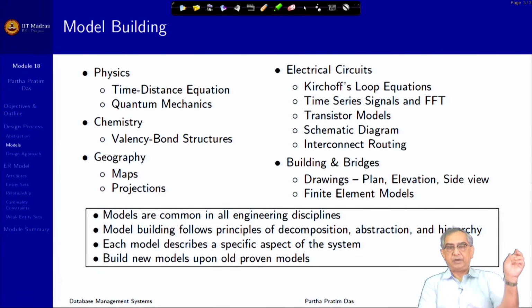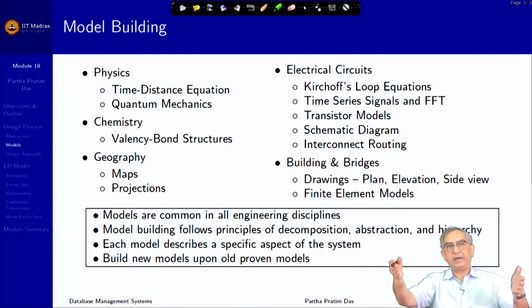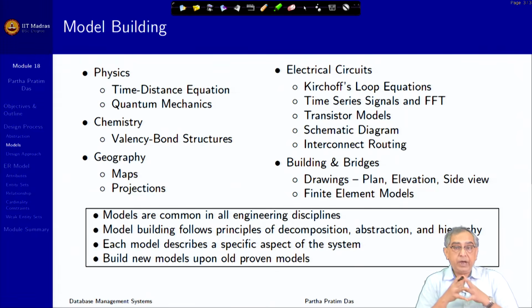Now, the distance travelled is a physical entity: how much the train has gone in this time from this station. Should it have reached the next station? You can reason about it, talk about it, and analyze it by using this formula. So, that is the model of time and distance.